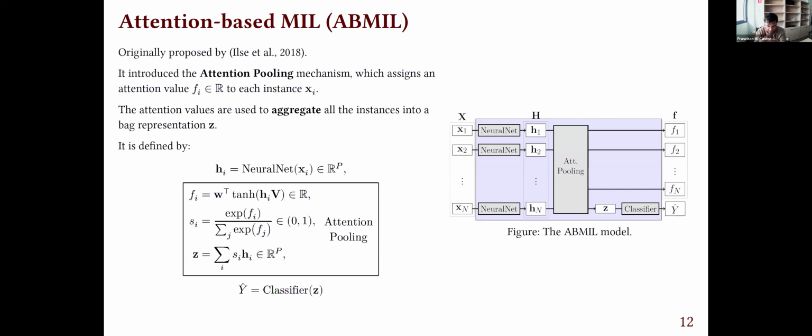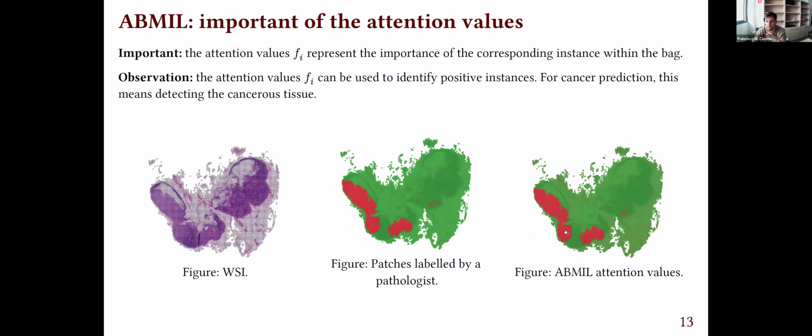When people started to train this kind of models, they observed that when they plot the attention values, they show a high correlation with the instance label. But as I said, this is an empirical observation, and I haven't been able to find a theoretical answer for this yet.